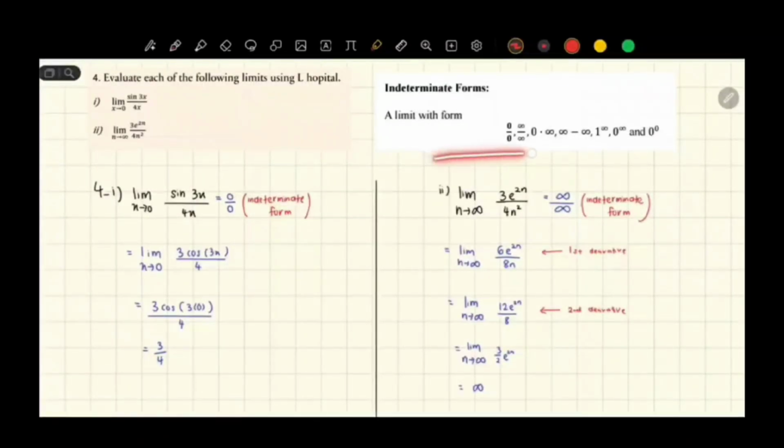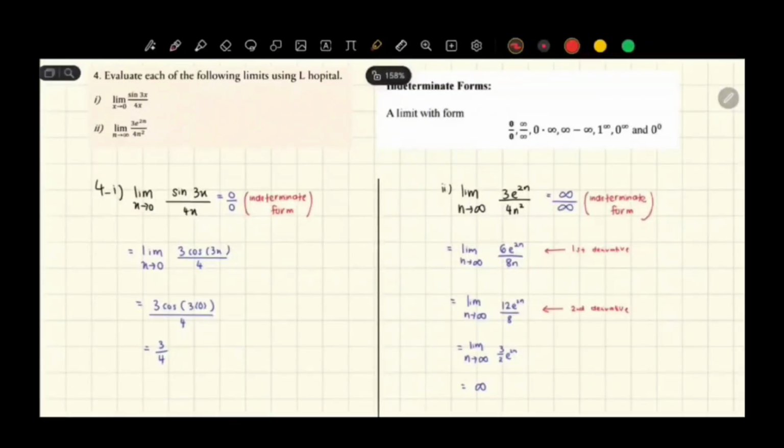So when we get an indeterminate form, we need to use L'Hopital's rule, where the first step is we need to differentiate. When we differentiate sin 3x, we will get cos 3x, and then we need to differentiate the 3x, which gives 3. That's why it becomes 3 cos 3x.